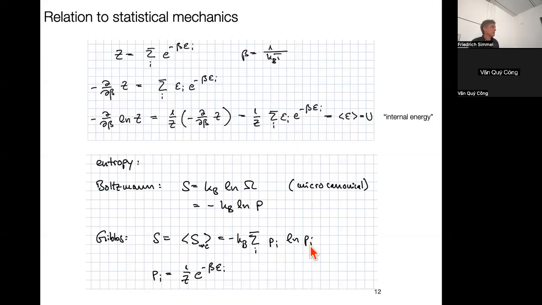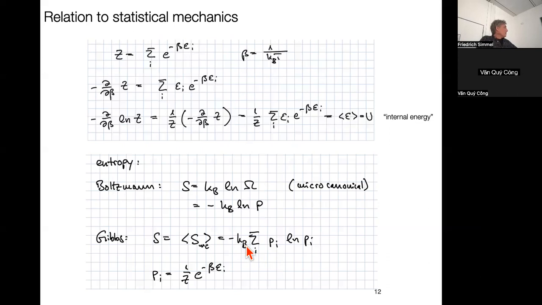When each state only has a probability of p_i, so when they don't have the same probability but different probabilities, then the mean of this entropy expression would be given by this here. So you see that this is the probability to be in that state, and that is the entropy of that state. So you're averaging over all the entropies, and that gives you this expression.